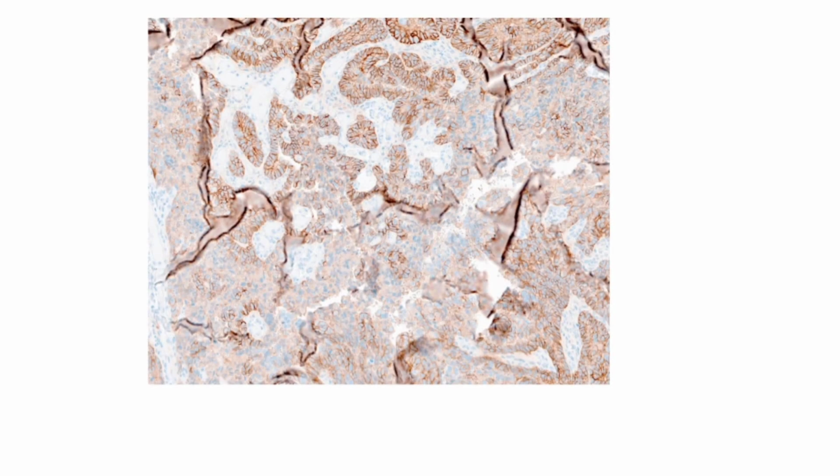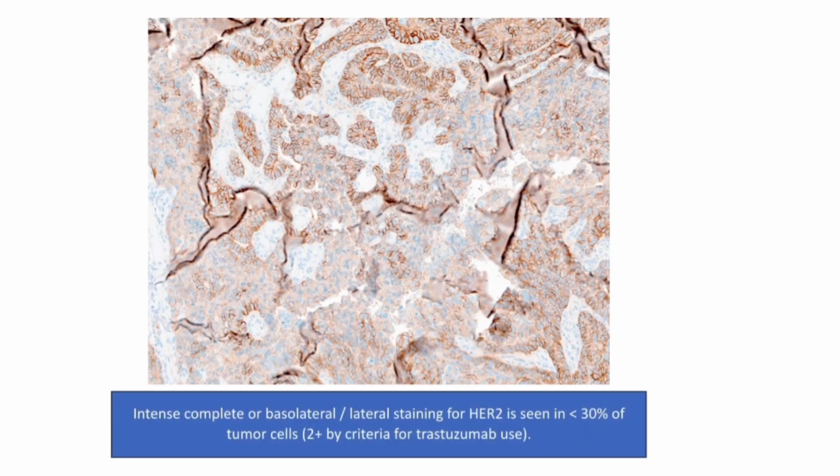Another marker that we have discussed is HER2, which is either basolateral, meaning lateral wall and basal area, or only lateral wall staining of the cells. Here it is present in less than 30% of tumor cells. Some of the cells are negative, so it is 2+ by the criteria for trastuzumab use.